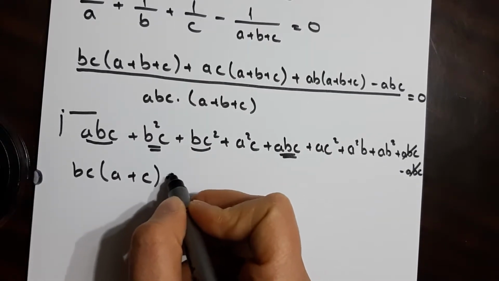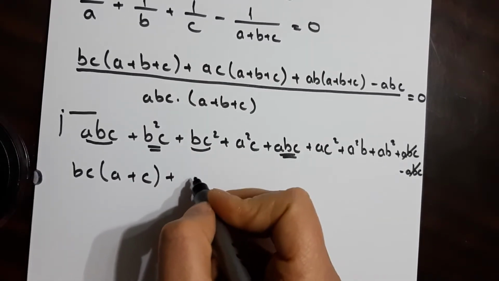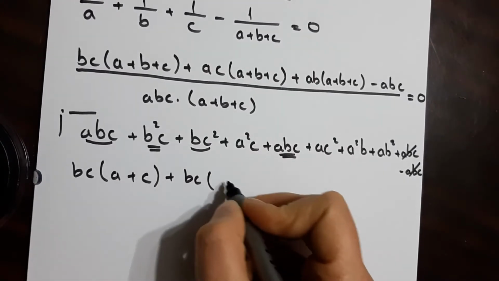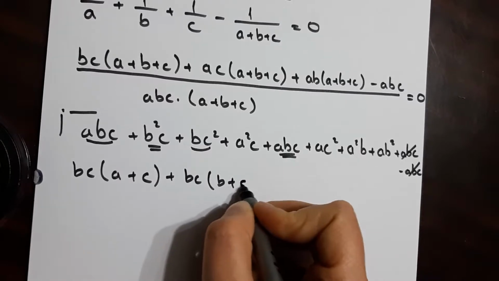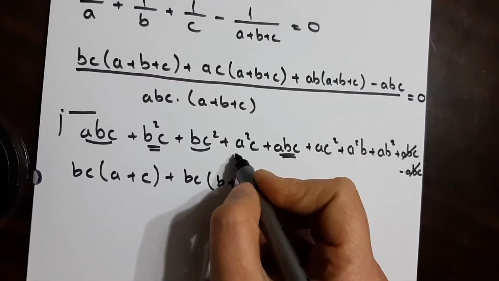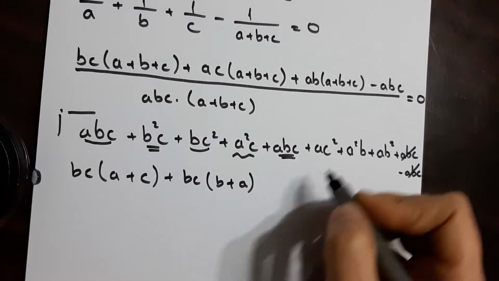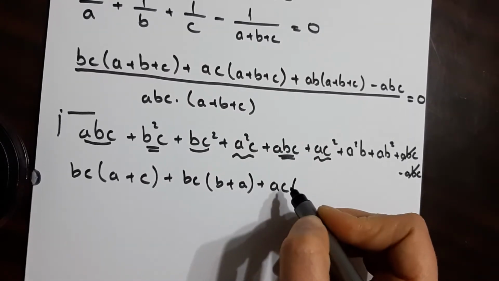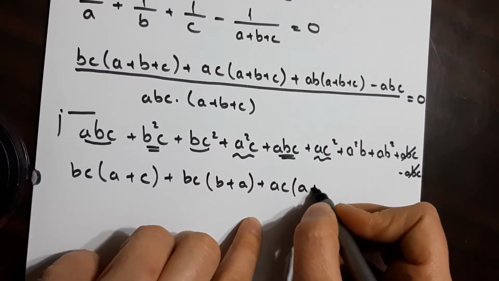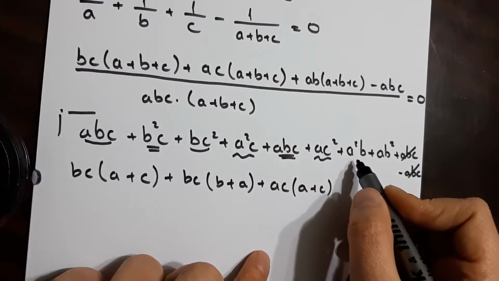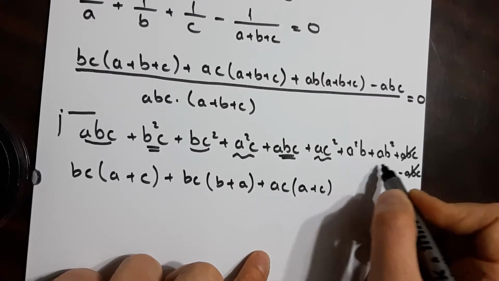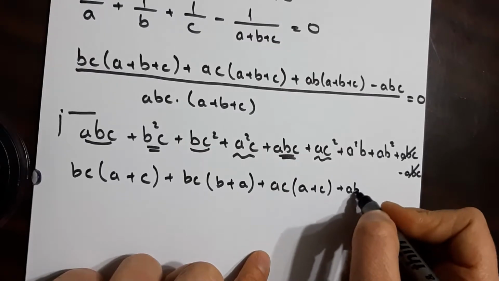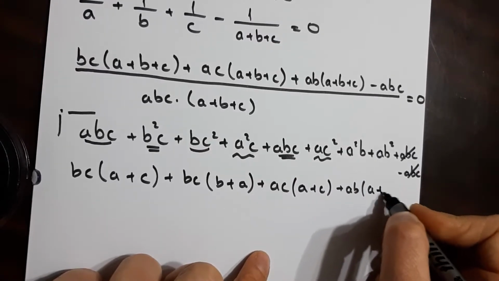What is the common term here? bc. And I will have b from here plus a from here. Then I have a square c, ac square. ac is common here, so I will have a plus c. And the last two terms, a square b plus ab square. So I have ab in common, so it will be a plus b.